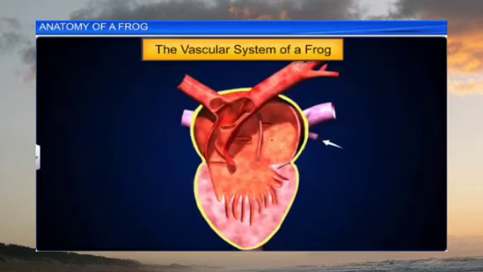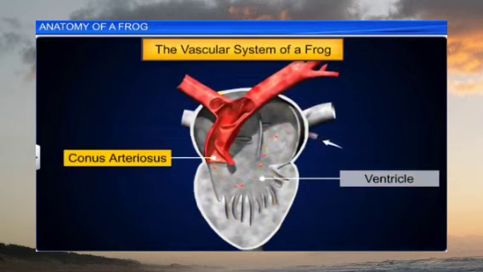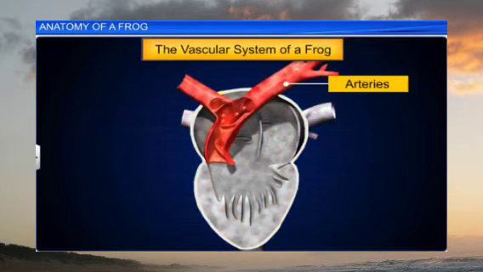The oxygenated blood is then pumped into the ventricle, which opens into a sac-like structure called the conus arteriosus, after which it is distributed to different parts of the body by arteries or the arterial system.